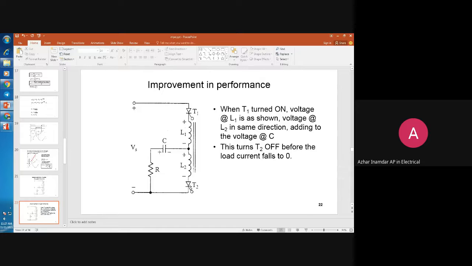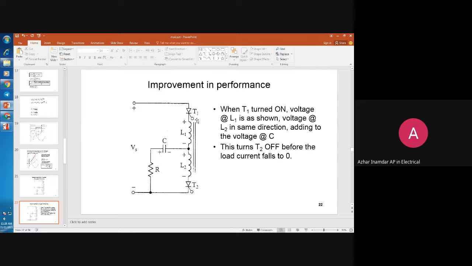When this T1 is turned on, the input current I1 begins to rise and the voltage across L1 is positive. You can see the polarity in the first half cycle, and the induced voltage on L2 will add to the voltage of capacitor C, reverse biasing T2.